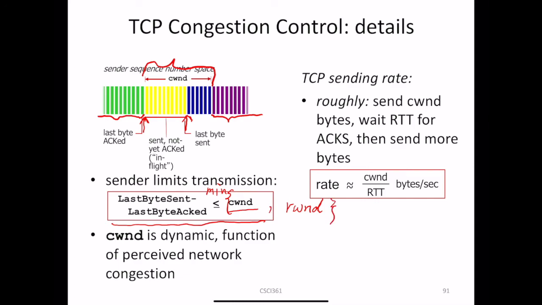But here, since we're talking about congestion control, we only care about this value. In reality, we need to consider both of them and take the smaller one. This also shows that the congestion window is dynamic, and it is a function of perceived network congestion.